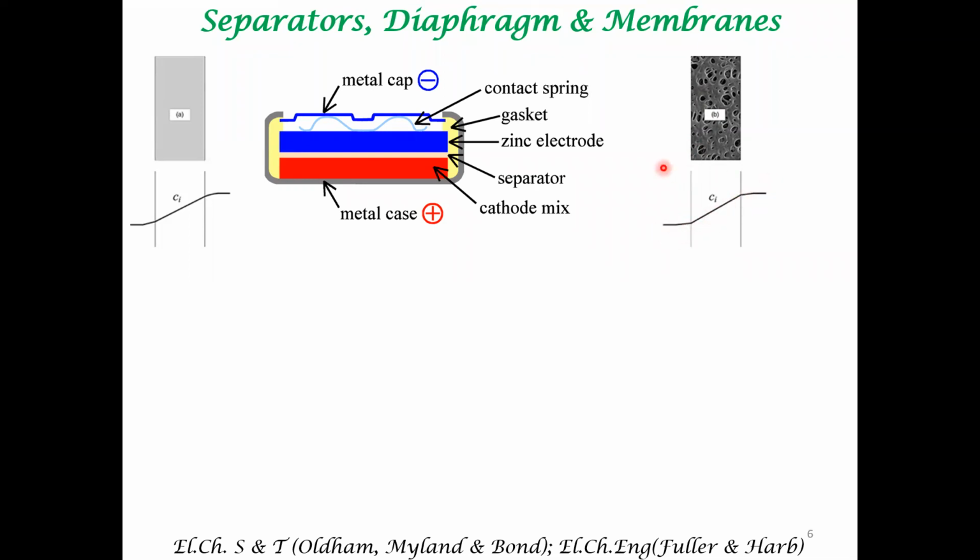Okay, so a diaphragm is a closely related object wherein you use something like a separator, but probably of a smaller pore size, to separate two solutions of different composition.